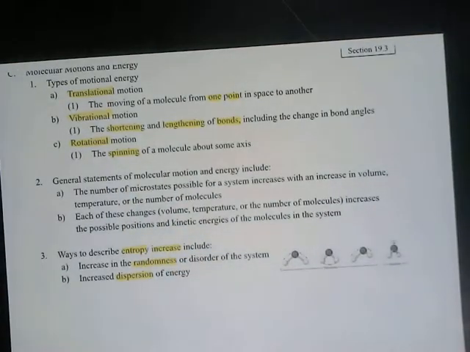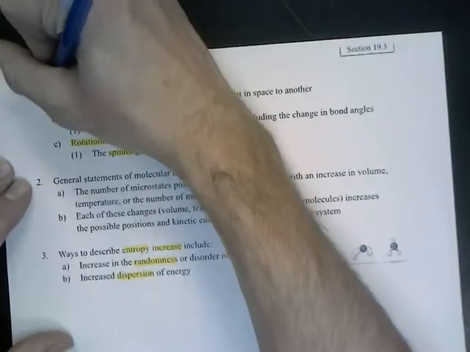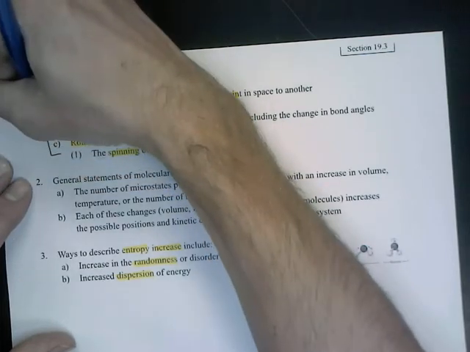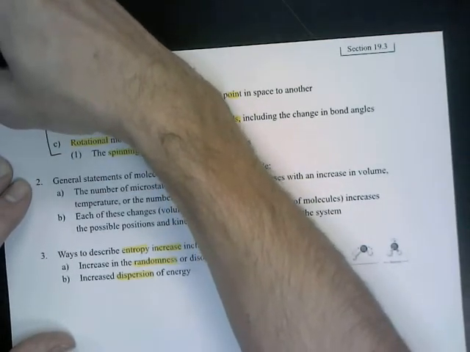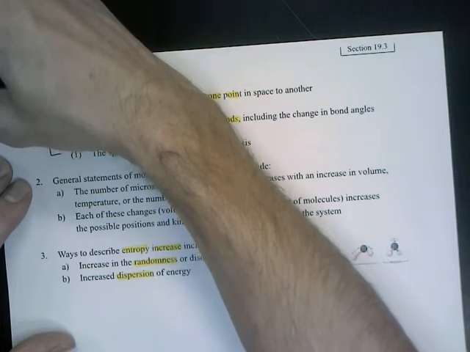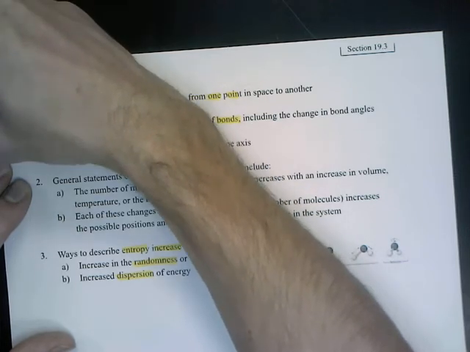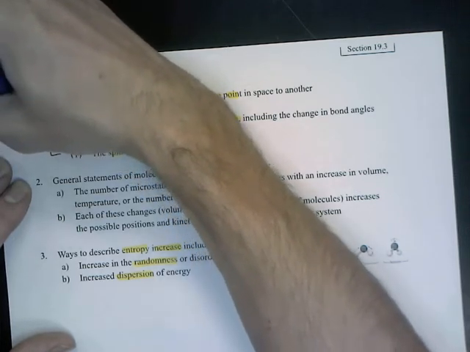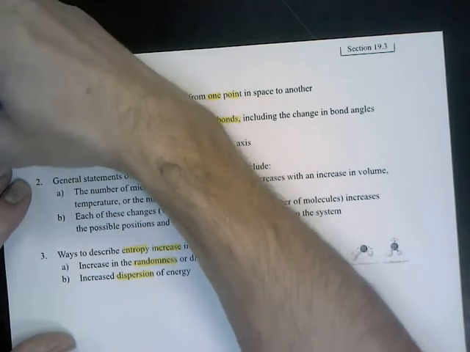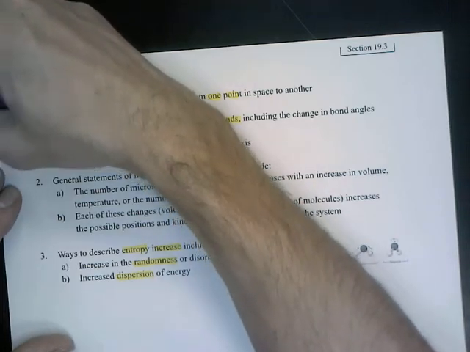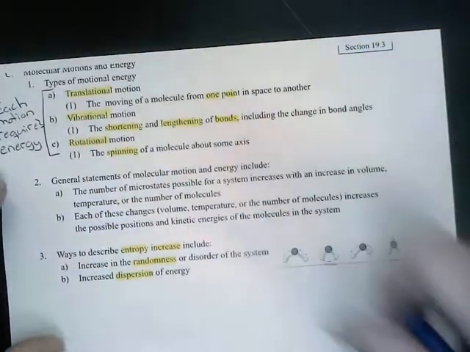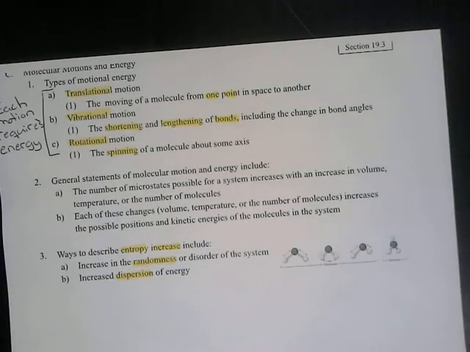Now we have some very important things that we need to think about here. Each of these motions require energy. And so if we have more motion, we have more energy, which means we have more entropy.